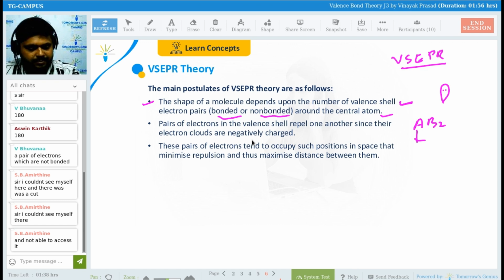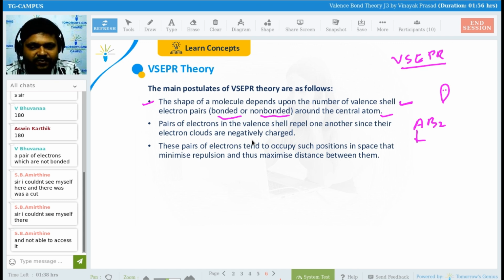A coordinate covalent bond is where there are two atoms and one atom shares with the other, but the other does not share. Okay, fine, fine. Come to the class, right?